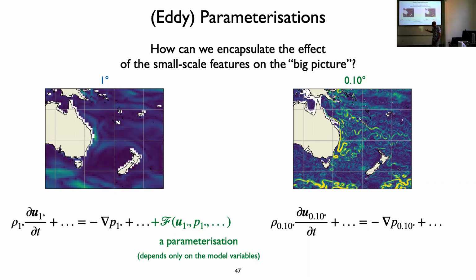If that's the case, then this is what we call an eddy parameterization, because knowing the flow from this type of model, we can construct this green term, this forcing term, and we can add as many of the flow characteristics we're missing. So that's the idea.